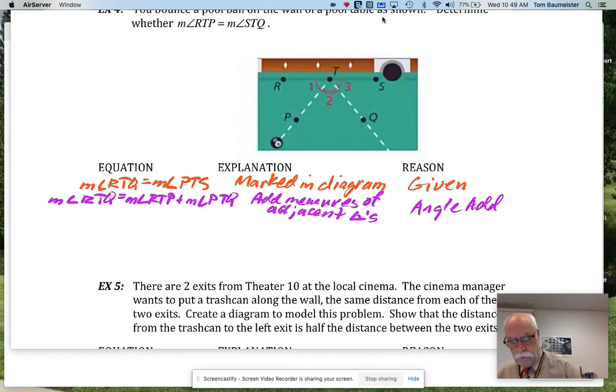Now I also wanted to think about this one here, which is angle 2 plus angle 3. We're going to do angle addition again, so on this one we're going to add measures again.